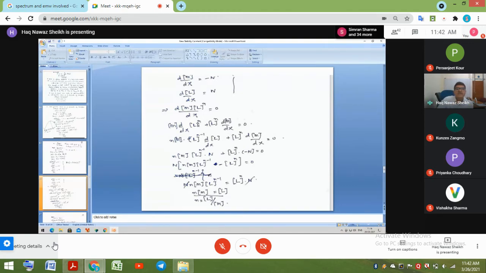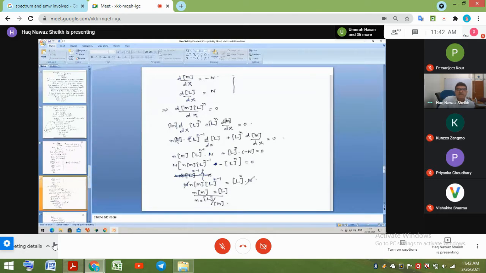These are the rules of differentiation. Then you take the differentiation of this: n will come down, M L^(n-1) dL by dχ, plus L^n as such dM by dχ is equal to 0.